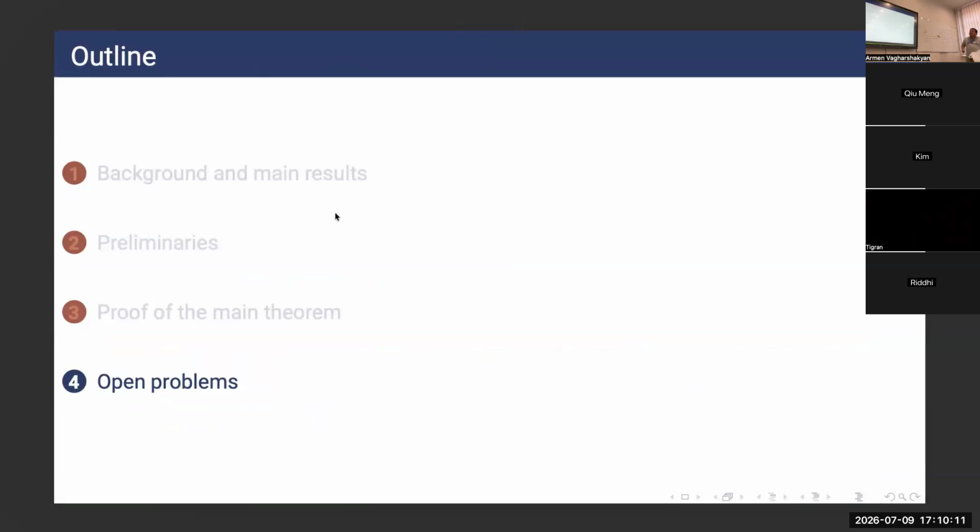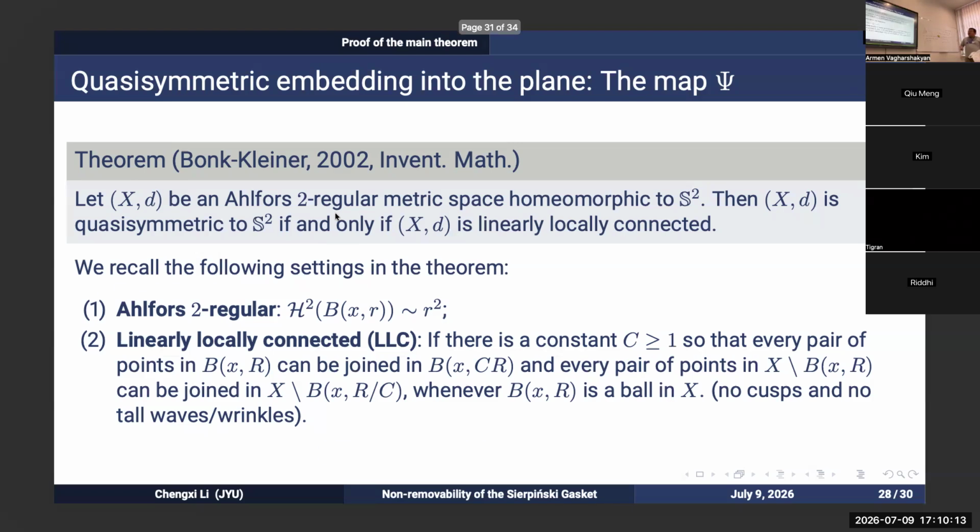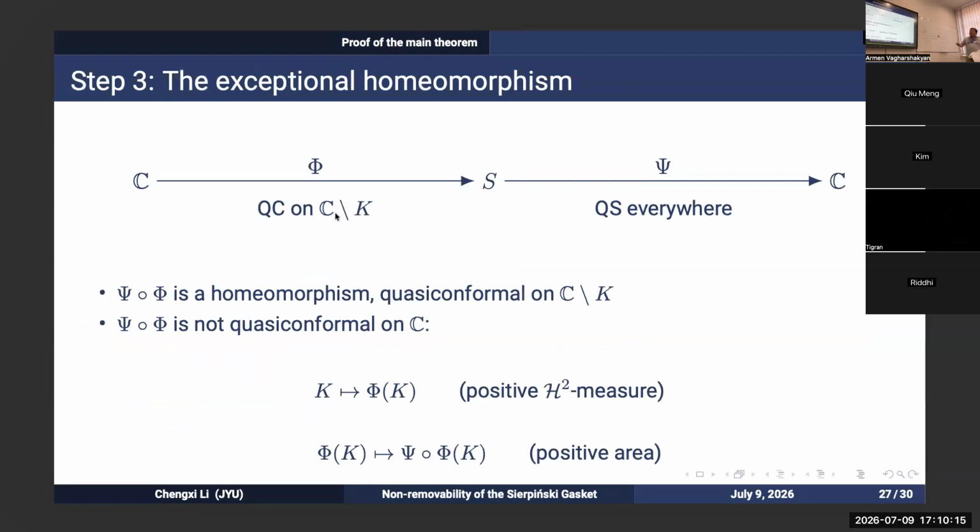And of course, after the computation, we show that we get a mapping, because the set F is equal to this. And this one is a mapping because K is measure zero, but the image of K gives positive 2-measure.